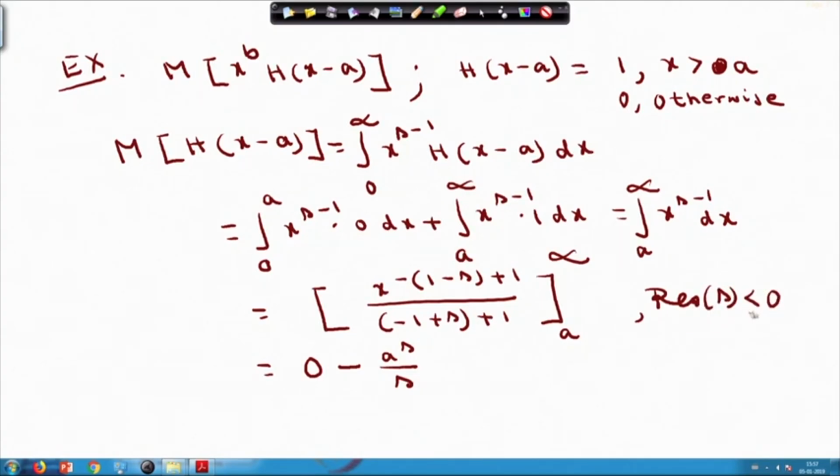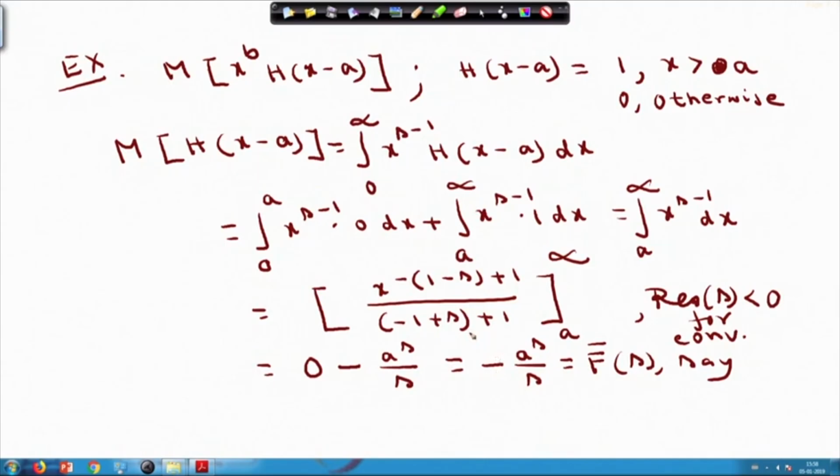This is always true for convergence. So, please note that the real part of s is less than 0 from convergence; we have used this one. So, the value of this integral is minus a to the power s by s, and we say this equals f bar s. Therefore, the Mellin transform of the Heaviside function or unit step function h of x minus a equals minus a to the power s by s.